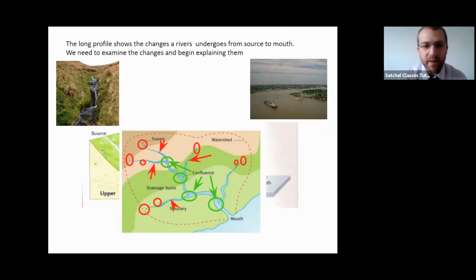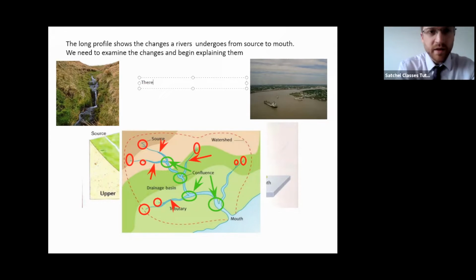So every time they meet at these points, the volume of water is basically amplified, it doubles. Now, with more water comes more power, and with more power, the river can begin to erode a bigger, wider, and deeper channel. So this is a point worth making a note of.